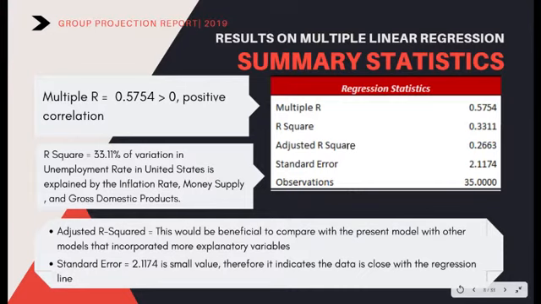The adjusted R squared is beneficial to compare the present model with other models that incorporate more explanatory variables. The standard error is equal to 2.1174, which is a small value, therefore it indicates the data is close to the regression line.